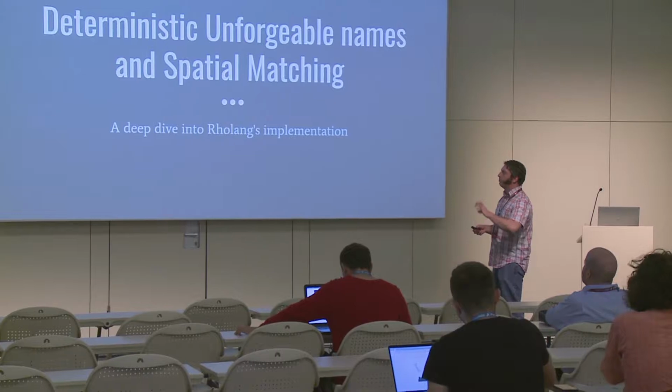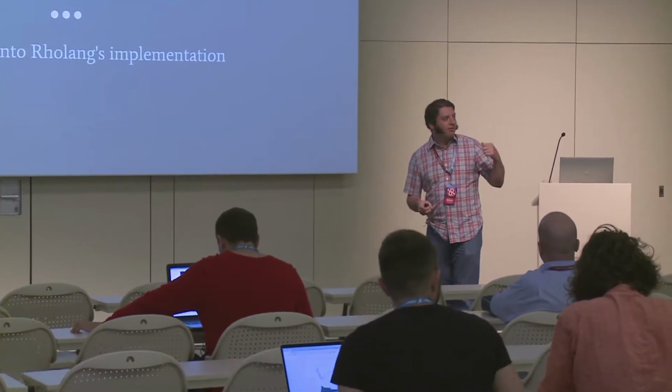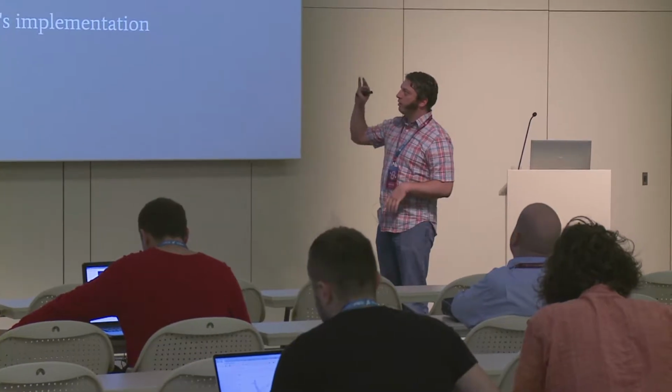Because I'm going to be focusing on the deterministic part, I'll stop in the middle and have an opportunity for questions just about deterministic unforgeable names, and then we'll go into some of the details on spatial matching. And Mike brought up one in a conversation that's not on my slides, but we can go into that one.